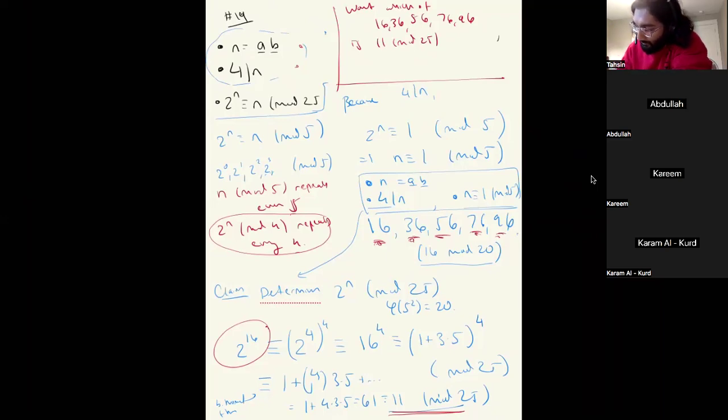So it's like 16 plus 20 times k is congruent to 11 mod 25. The point is these already match mod 5, and this thing is a multiple of 5 but not 25, so one of them should work. I'm not explaining it very well, but there should be a unique k that works.